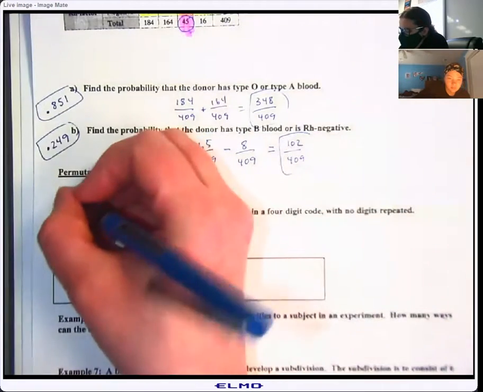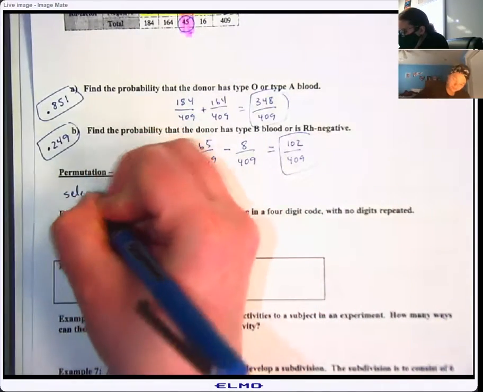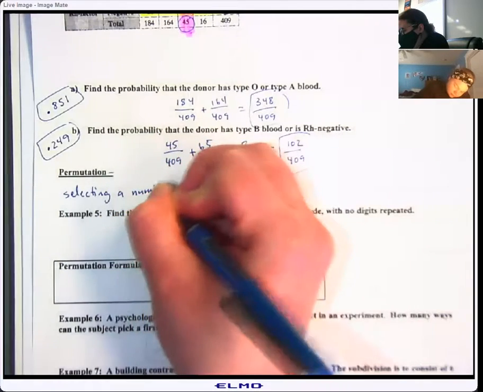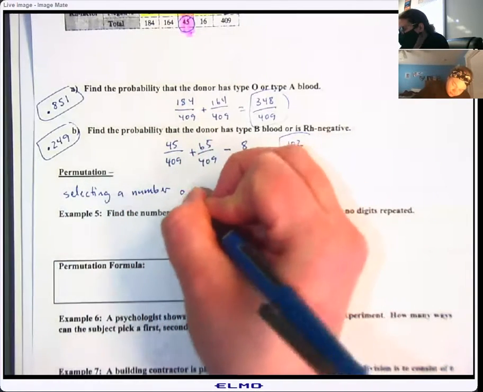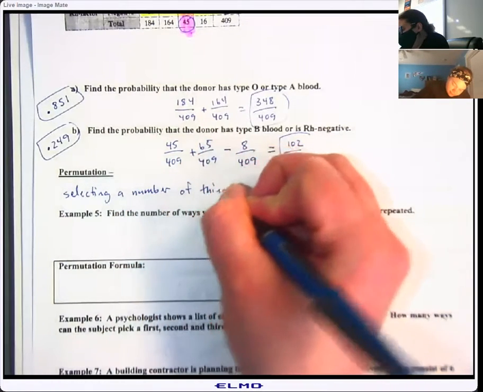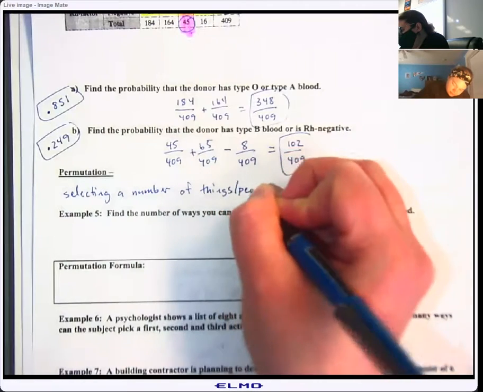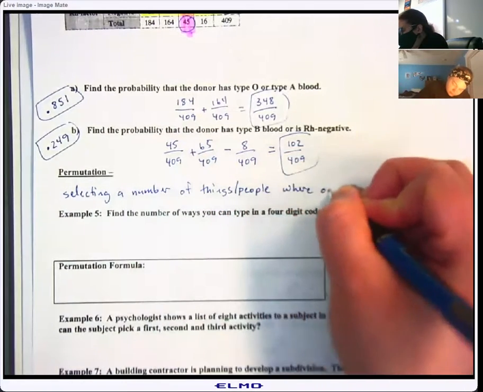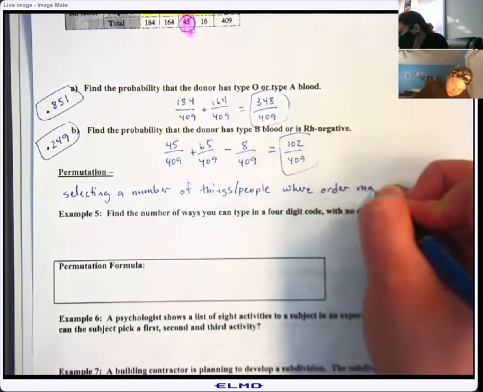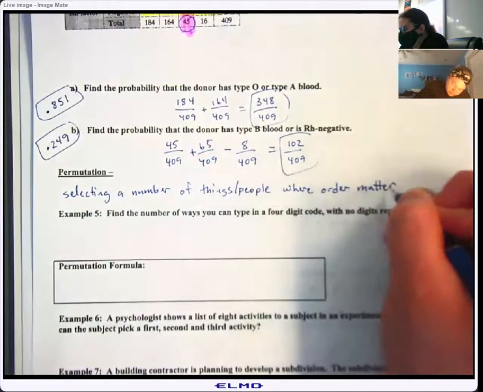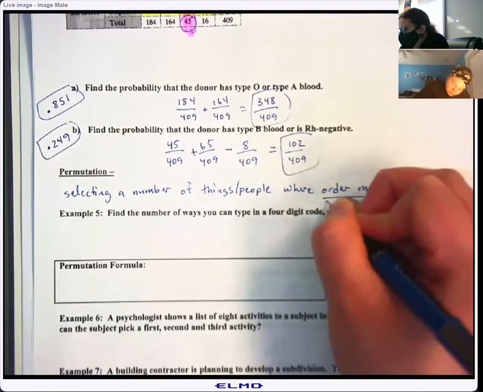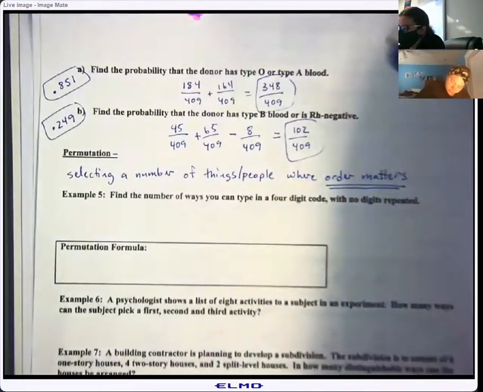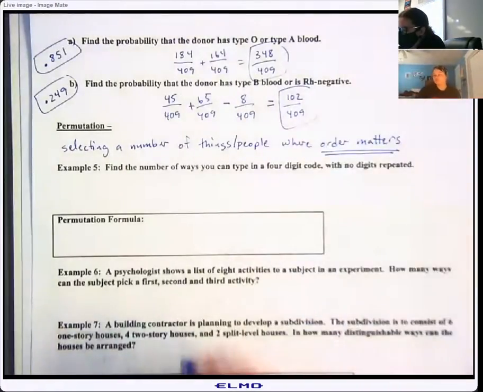Essentially, it's selecting a number of things or people where order matters. There are some situations where order matters and some situations where order doesn't, and you just got to kind of understand the ways.